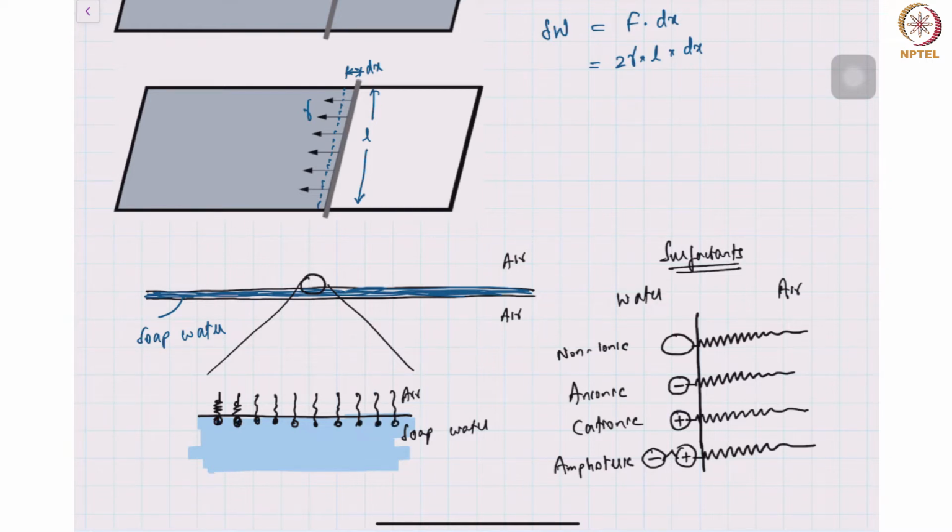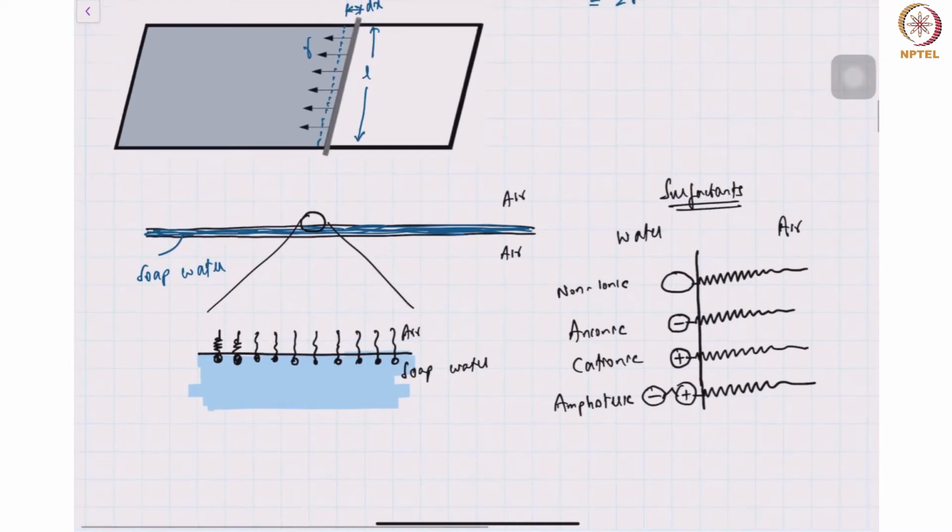The heads stay inside water, but the tail sticks out. So this part is hydrophilic, and this is hydrophobic. These molecules are essentially crucial to stabilize this thin film. Otherwise, the soap film would just rupture very, very easily.